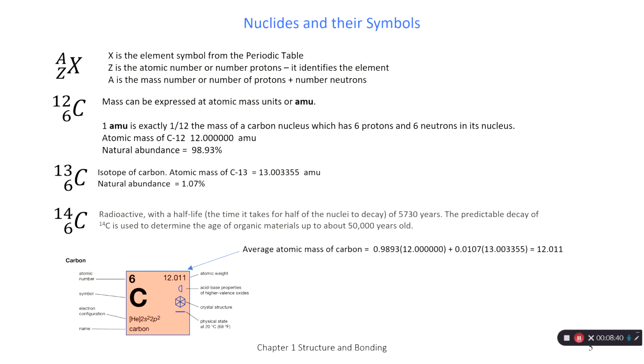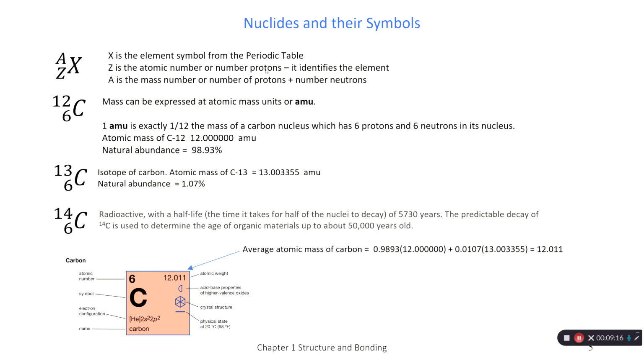So let's talk about some fundamentals of the atom and the periodic table. You're familiar with the concept of a nuclide, an element, and its symbol. And just to remind you, if you have an element, X, this could be anything, like sodium or chlorine, it's from the periodic table. You're going to have what is called an atomic number, Z, which is shown down below here as a subscript out in front of the X, and it identifies the number of protons in the element.